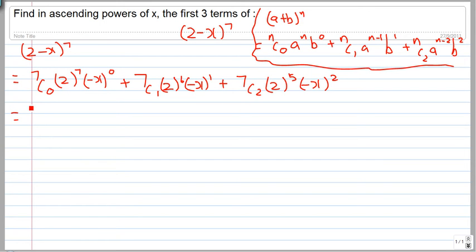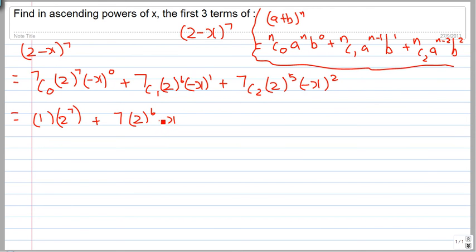And if you press your calculator, 7C0 is just 1, and then you get 2 to the power of 7 here. 7C1 is 7, so let's write that down, and then you get 2 to the power of 6 here, and minus x to the power of 1 is just minus x still.